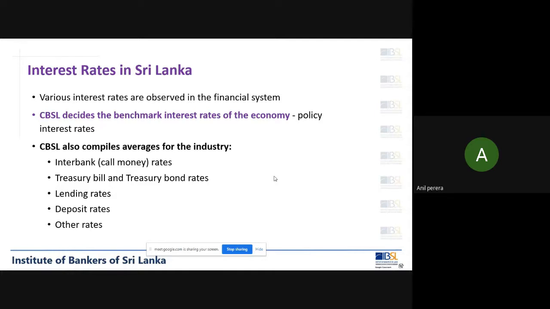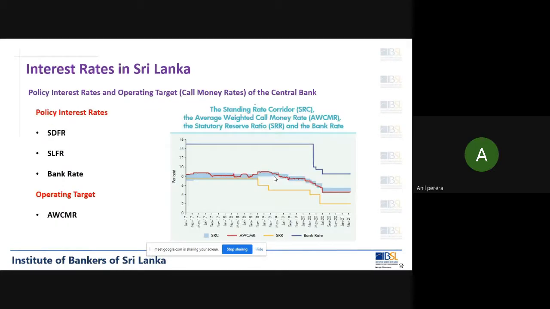For example, in the call money market, they calculate the average rate for the call market. In the treasury bill bond market, the central bank calculates the average rates for the bill bond rates. For commercial bank lending and deposit rates, average rates are compiled, and also there are some other rates. Started with this last week.